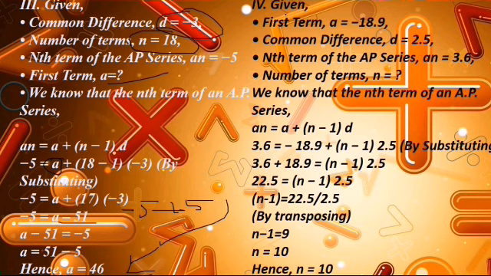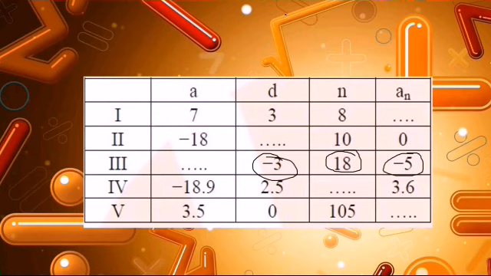Now we are going to see the next table. Here they have given the first term a as minus 18.9, d as 2.5, and an, the nth term, as 3.6.